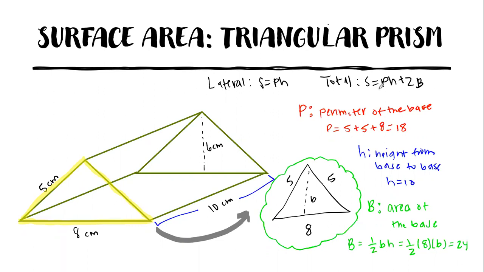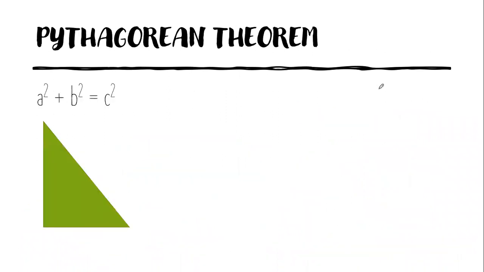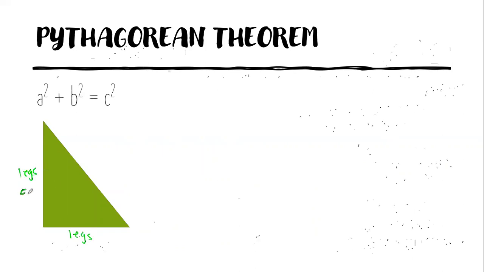Okay, last thing that we're reviewing is the Pythagorean Theorem. This is one of my favorites, and I hope everyone feels like they remember how to do it. Okay, so a squared plus b squared equals c squared. Again, this is on your formula chart. What do a and b represent? The two legs. Beautiful. So my legs are the a and the b.